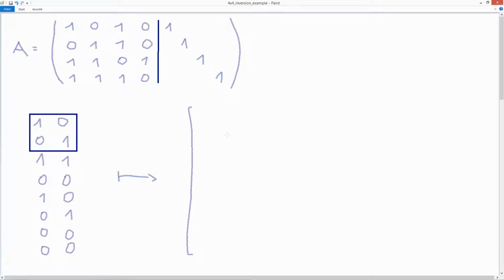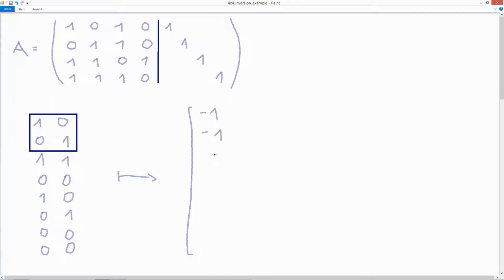So for the first entry here, we ignore this here and calculate 0 times 1 minus 1 times 1 is minus 1. For the second entry here, we have to calculate 0 times 1 minus 1 times 1 is minus 1.